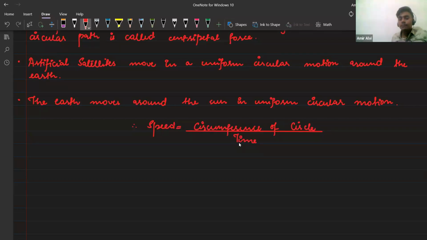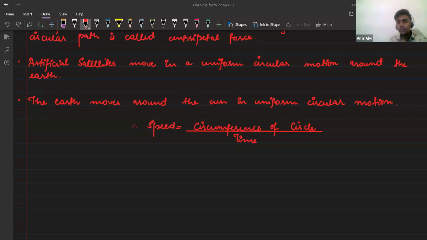Sometimes in the question it will say 2 rounds are covered. It means twice the value of circumference is covered. So distance would be twice the circumference, not only a single circumference. Keep this in mind: you have to multiply the number of rounds with the circumference if rounds are more than 1. We'll do the question. This is the basic thing in this topic, uniform circular motion. Any doubt so far? No, sir.